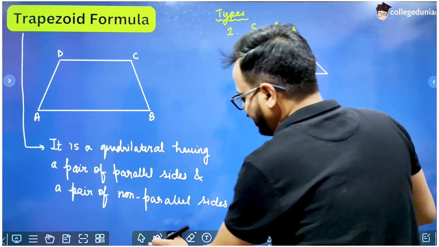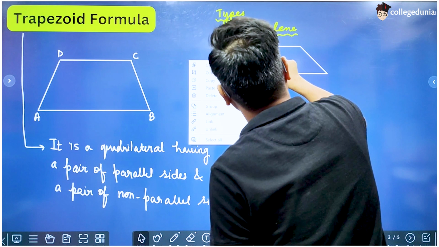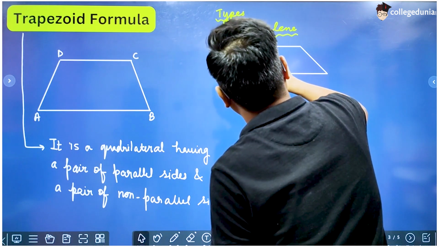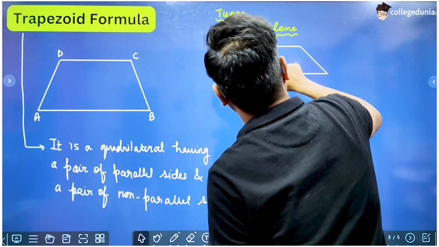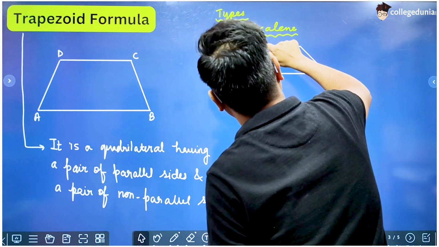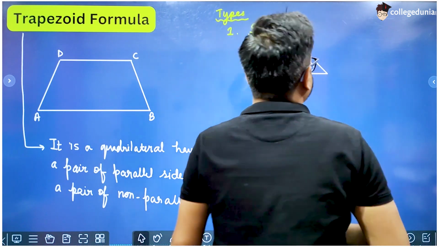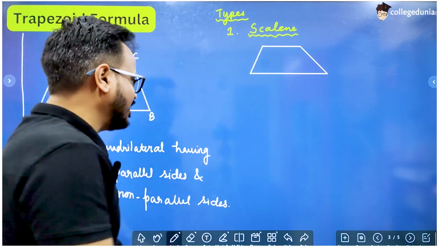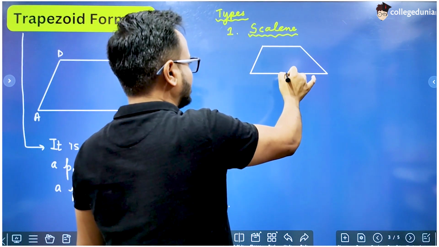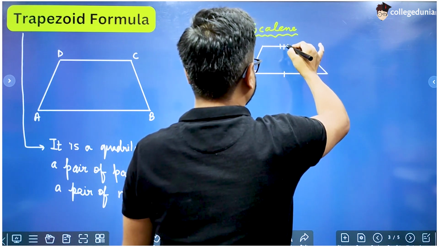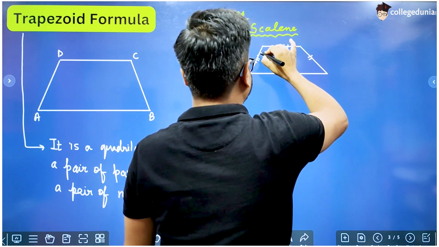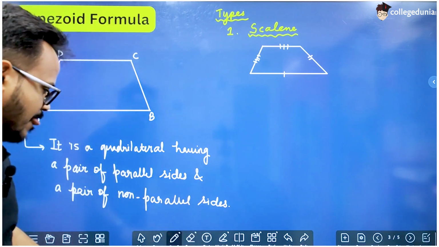This figure clearly has all four sides of different lengths. Right? So the length of this side is different, the length of this side is different, the length of this side is different, the length of this side is different.